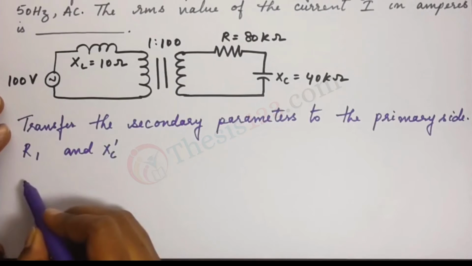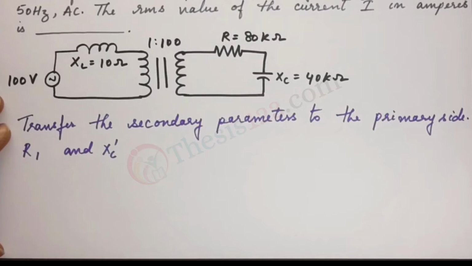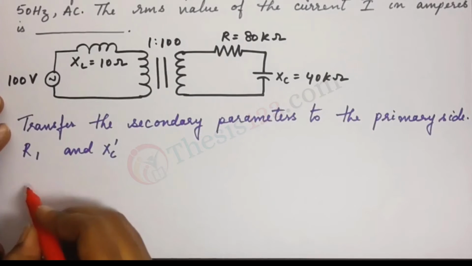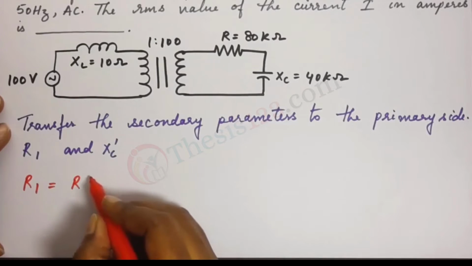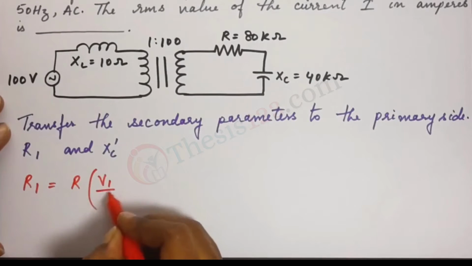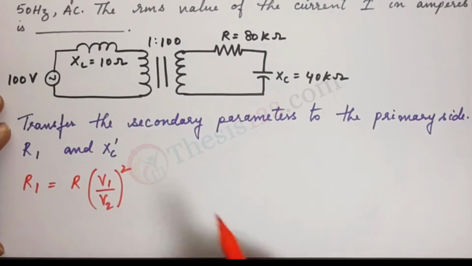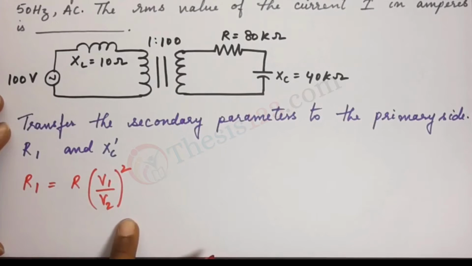Now here is the formula. I'll just write that down here. R1 can be found by multiplying the given value R with the ratio of V1 by V2, squared. So this is the general formula.